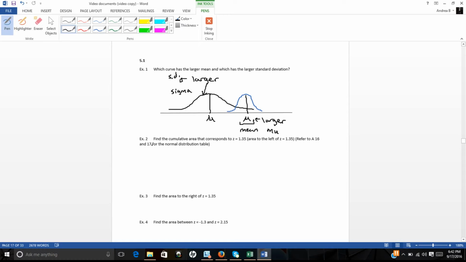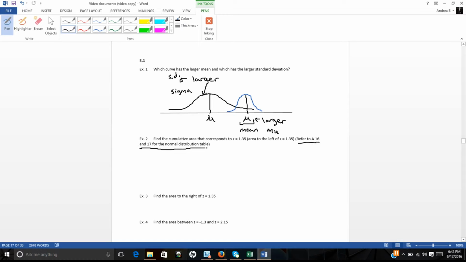So example 2 here, we want to find our cumulative area that corresponds to a z-score of 1.35. So what that really means for cumulative area, that also means that you're talking about the area to the left of that on your normal distribution curve. And I put a reminder here of where your chart is in your book, just like it states.